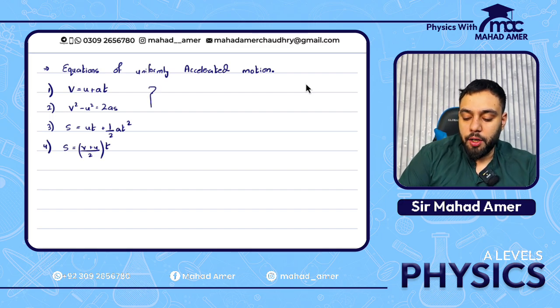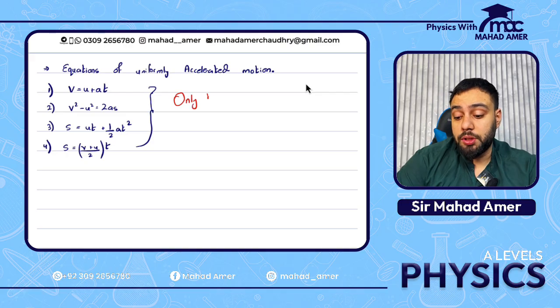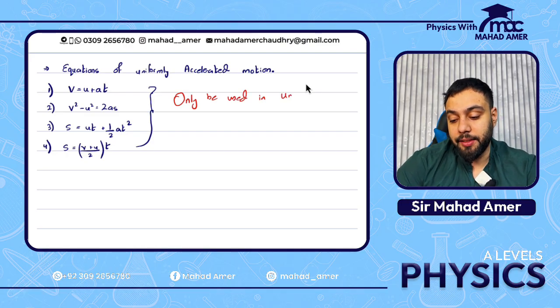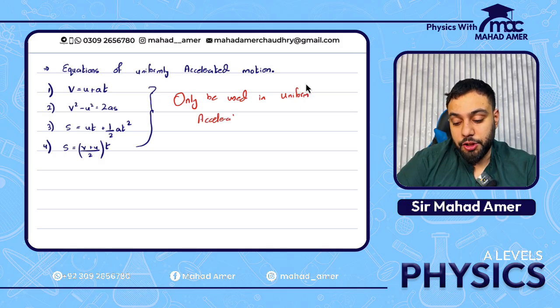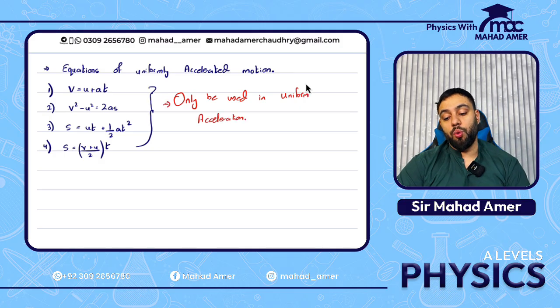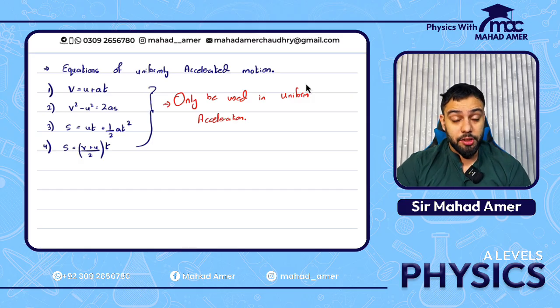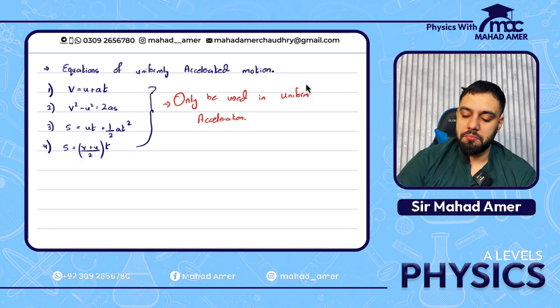These are the 4 equations of motion that can only be used in uniform acceleration. We can only use them in uniform acceleration. Why?